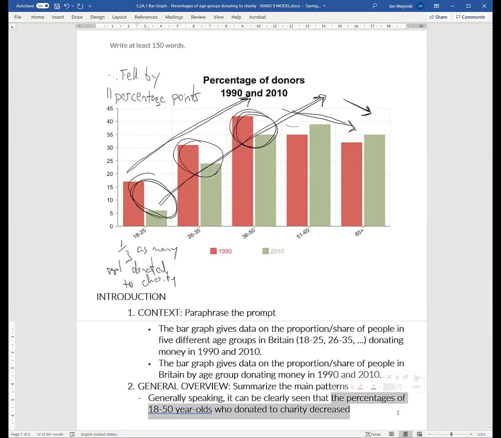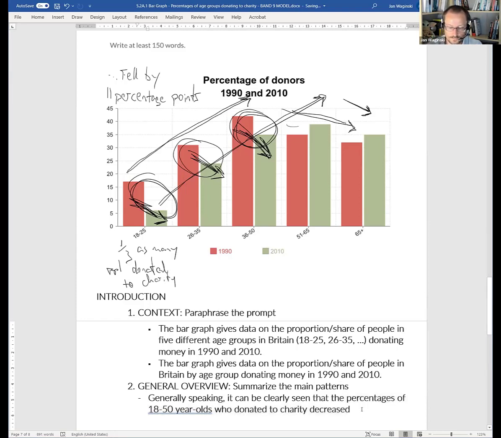Decreased? Yeah. 18 to 25-year-olds decreased. 26 to 35 decreased. 36 to 50 decreased. But you have not mentioned the years. I'm going to say over the given period, or I could say between 1990 and 2010.